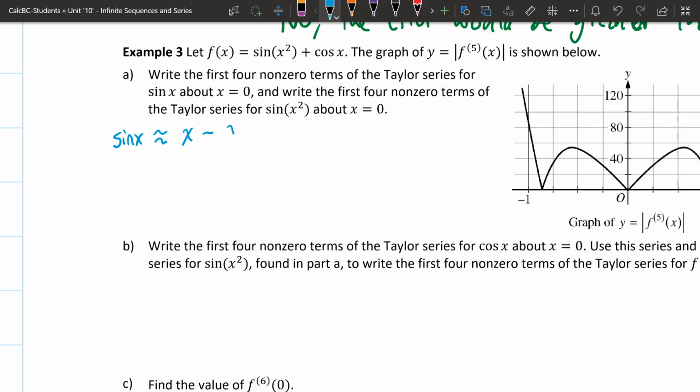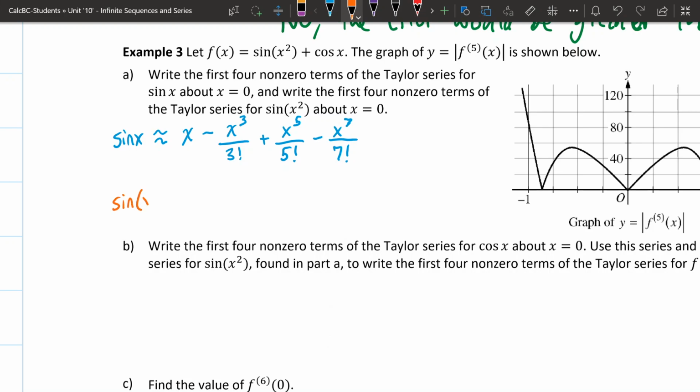And it's an alternating series. Next odd power over the next odd factorial plus the next odd power over the next odd factorial. And what does it say? First four non-zeros, so we need to go out one more. So x to the 7th over 7 factorial. We're subtracting that one. So that's sine of x, but we want sine of x squared.